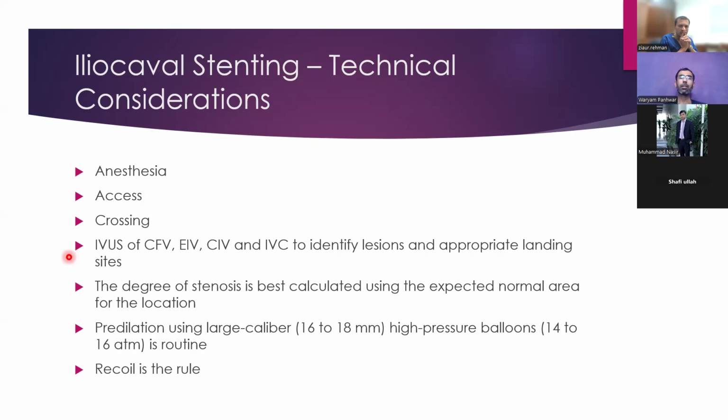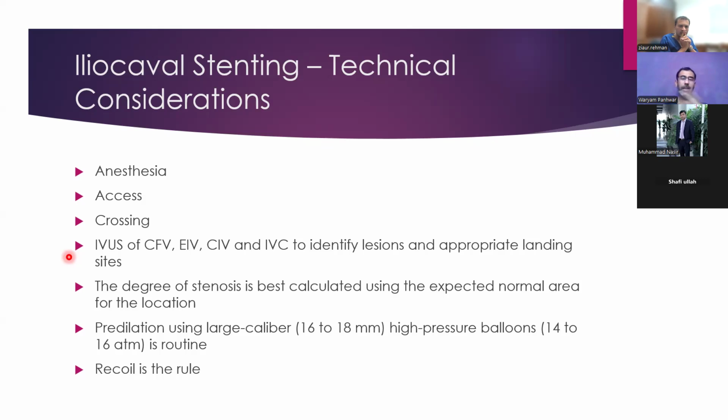Crossing depends on the severity. CTOs can most of the time be crossed from the femoral approach. Sometimes it needs a jugular approach, but venous occlusions are easier to cross as compared to arterial occlusions.